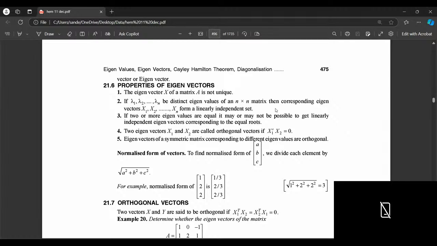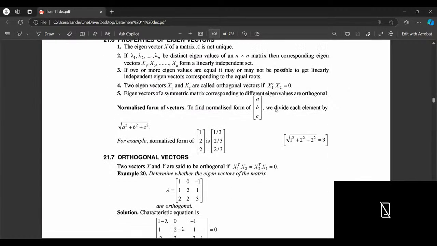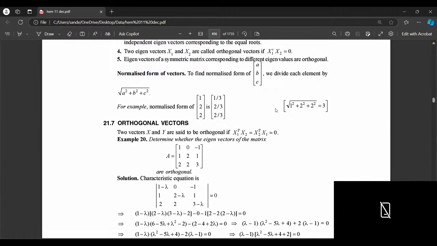So as we discussed yesterday, we are going to find eigenvalues and eigenvectors for a symmetric matrix as well as for a non-symmetric matrix. There will be four cases. First case is a non-symmetric matrix with repeated roots, repeated eigenvalues.